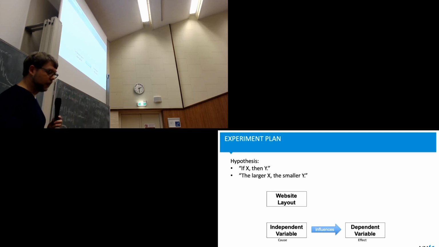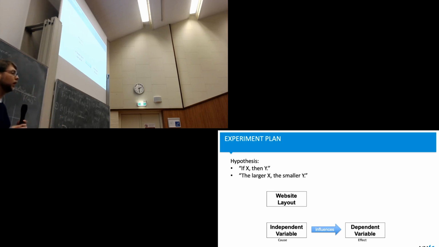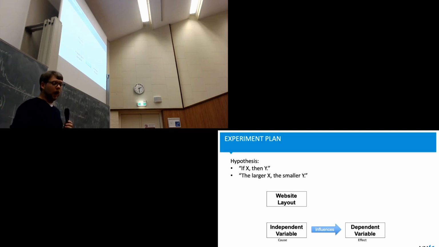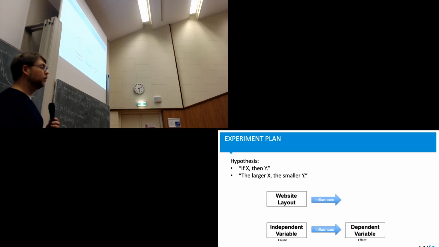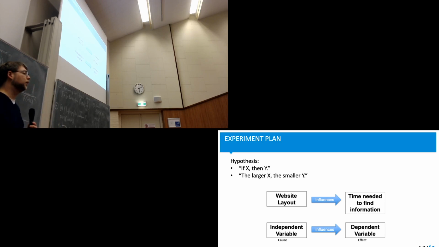And actually, this is the same when we conduct experiments looking at user interfaces. We could say our independent variable is the layout of our website. We might have several layouts we would like to compare, and then we assume the layout has an influence on the time the user needs to find specific information.